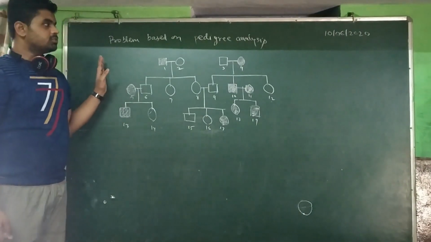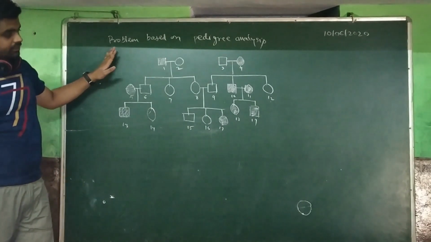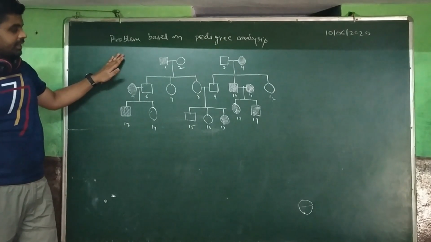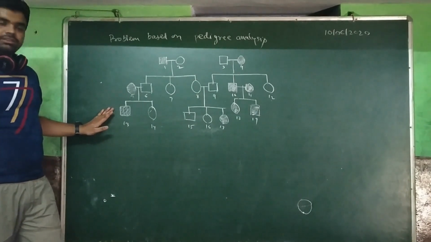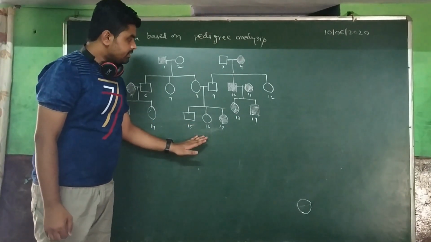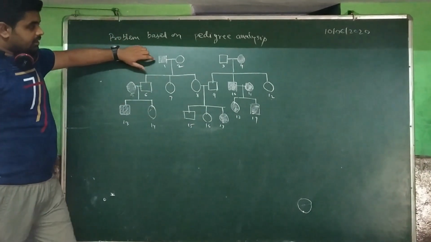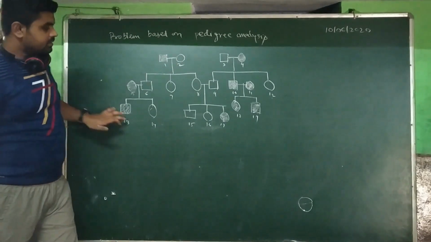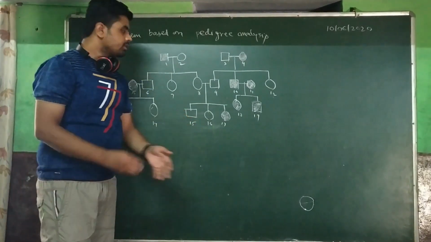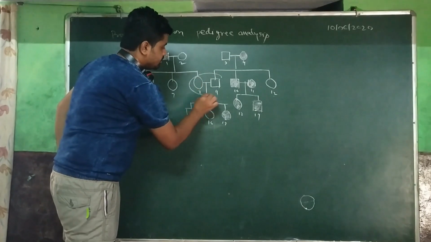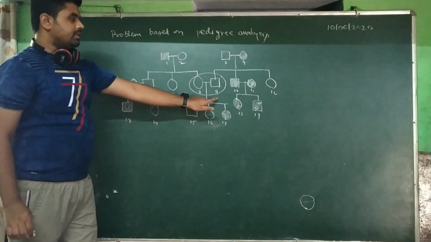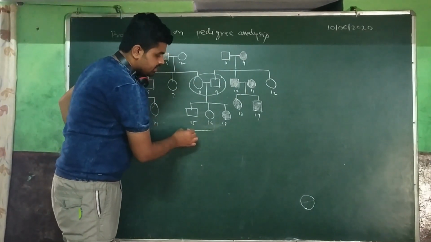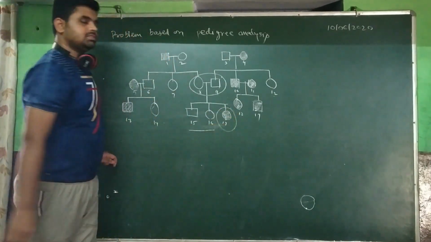Another problem based on pedigree analysis. The family tree shows 3 generations: parents, their children and their grandchildren. In this, the disease occurs in the first generation, the second generation and the third generation also. But look at this: the parents of numbers 8 and 9 are unaffected and they have 2 unaffected children and an affected child.